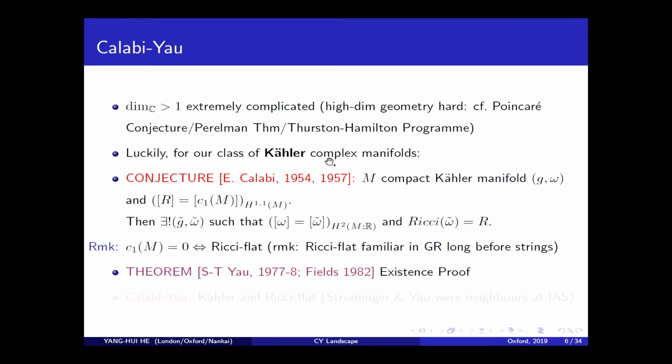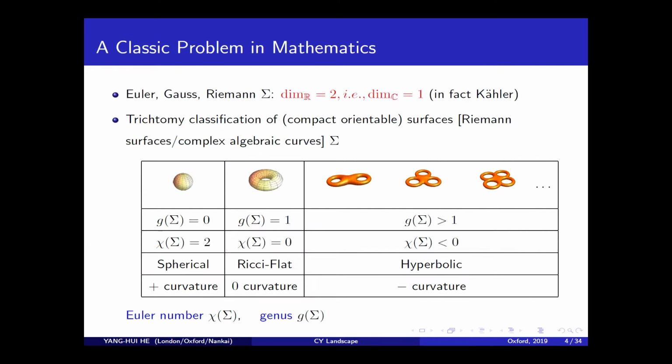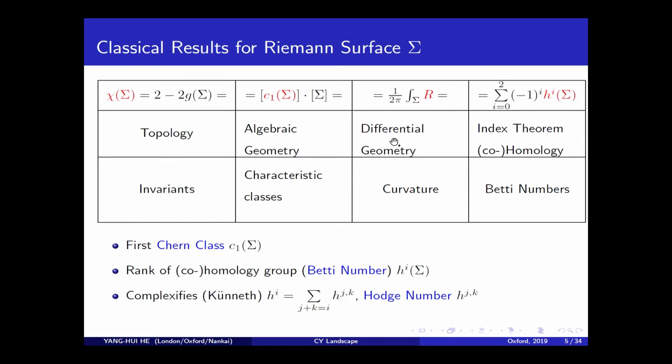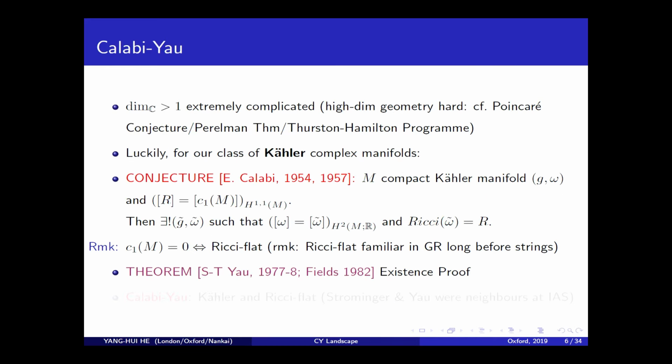And at this point, the rest is history. Philip Candelas tells me this is a story where Yau and Andy Strominger were either sharing an office or sitting very close to each other at the Institute for Advanced Study in Princeton, and they happened to be talking to each other. A bunch of physicists had reached, from this story of compactification in string theory, this very strange class of objects known as Kähler, complex, Ricci-flat, adjectives you can impress your friends with in a cocktail situation.